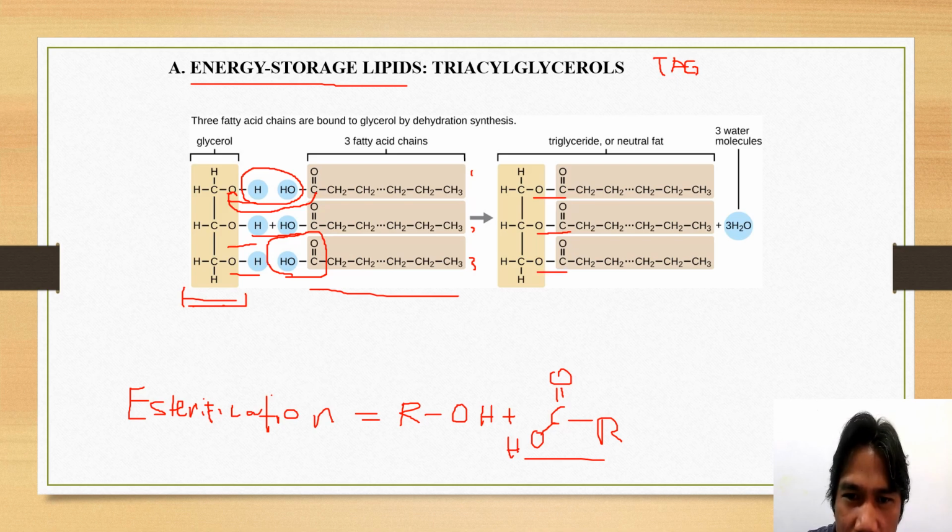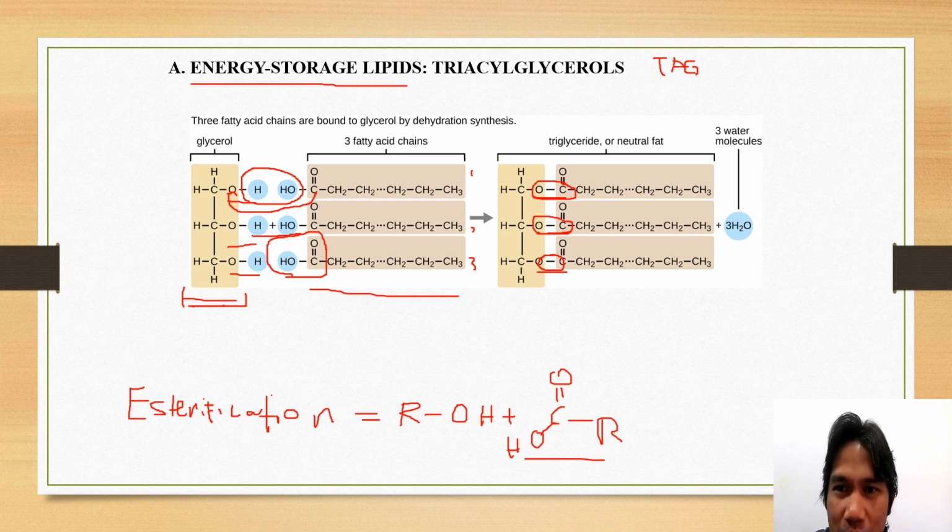By the way, this is what we call ester linkage. There are three ester linkages here. That's why the process is called esterification. We formed ester.